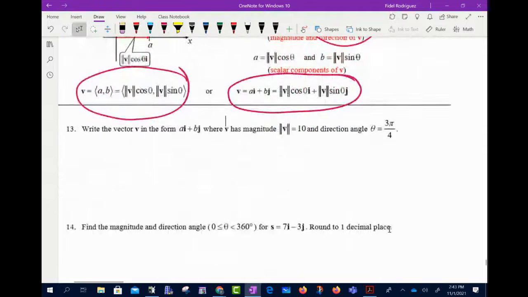So let's take a look here. It says, write the vector v in the form ai plus bj, where v has a magnitude of 10 and the direction angle theta is 3 pi over 4.